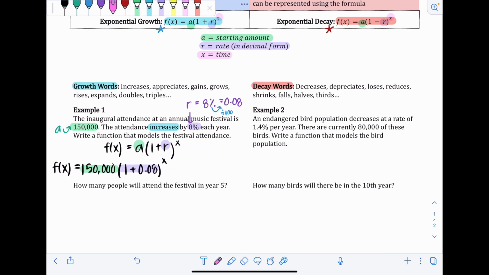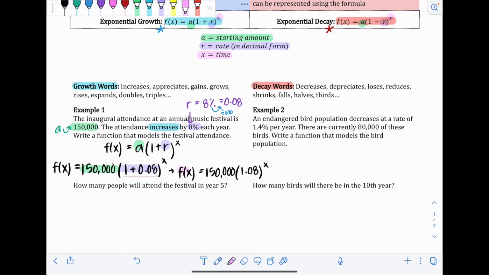So that means that we would just want to go ahead and add these two together inside the parentheses because we can, so why not? So our final simplified version of this would be f of x equals 150,000 times 1 plus 0.08 would be 1.08, and then to the x.